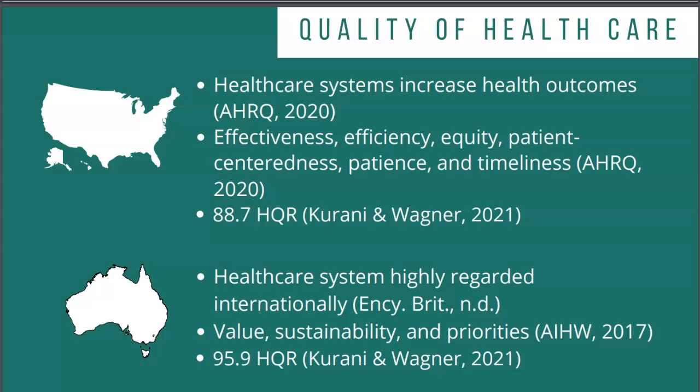According to the Agency for Healthcare Research and Quality, a division of the U.S. Health and Human Services Department, quality in healthcare is defined as, quote, the degree to which healthcare services for individuals and populations increase the likelihood of desired health outcomes and are consistent with current professional knowledge.